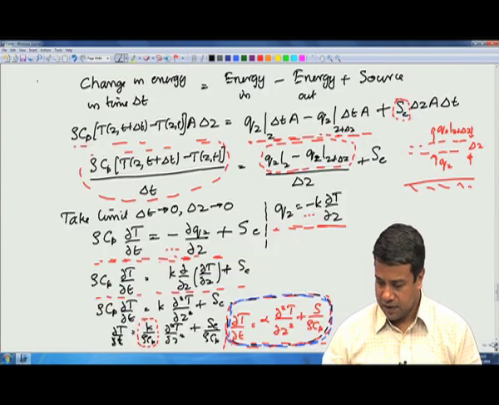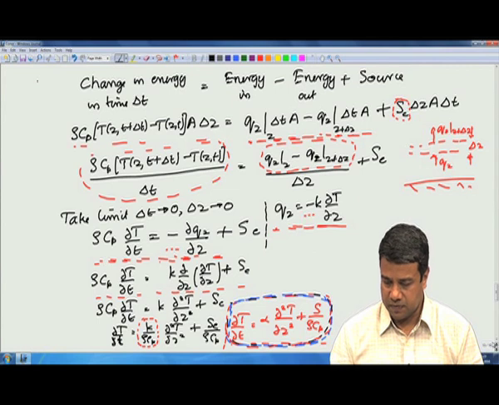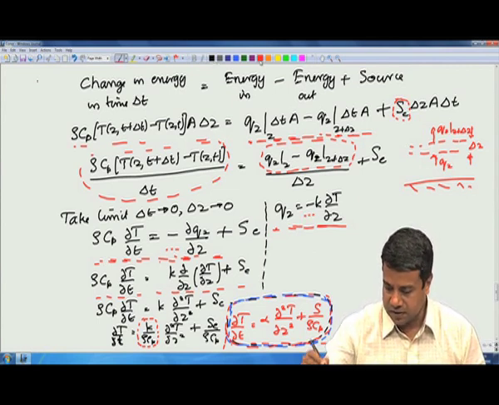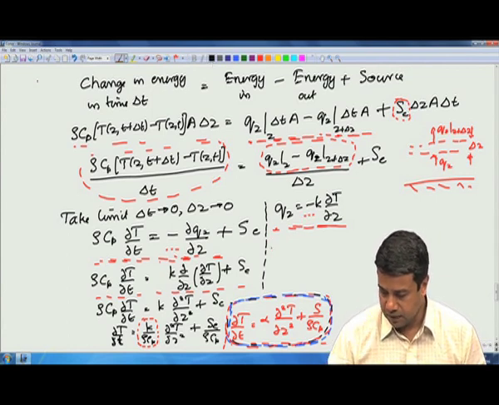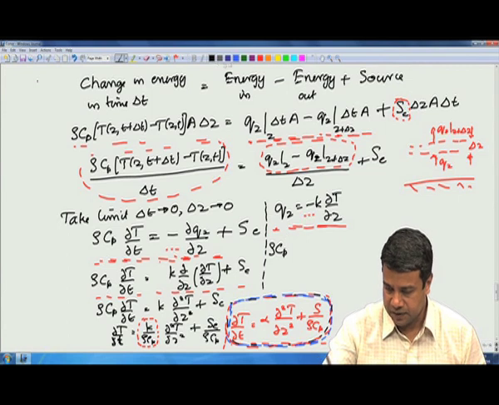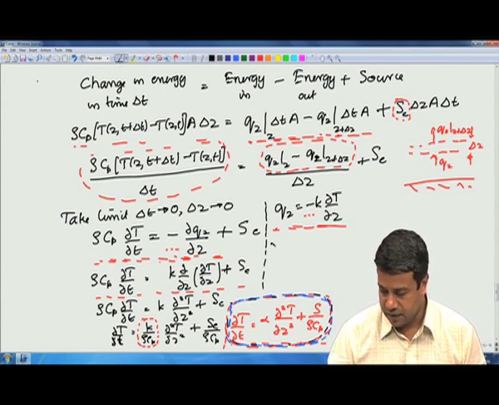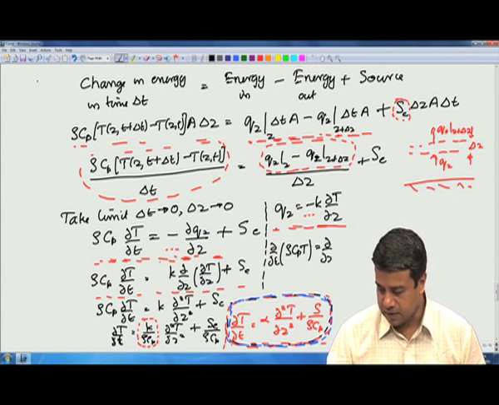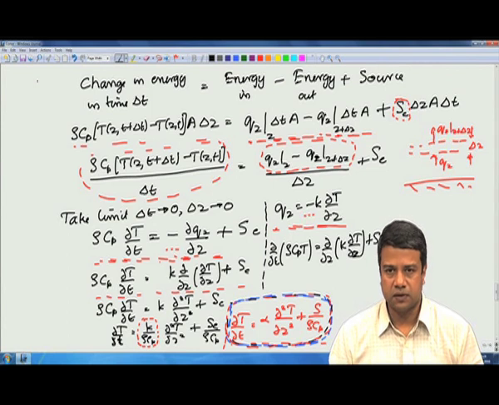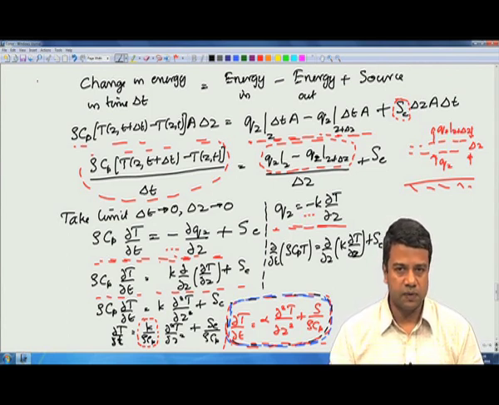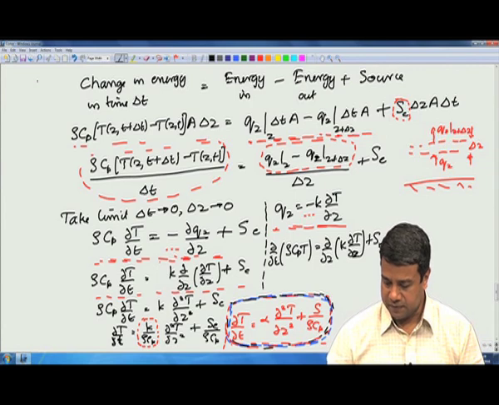Similarly, if the density and the specific heat do depend upon position, the equation will be of the form d by dt of rho Cp T is equal to d by dz of k dT by dz plus the source. So, that is how the equation would look if the thermal conductivity and the specific heat were dependent upon position. When these are constants for a fluid, you will get the diffusion equation.